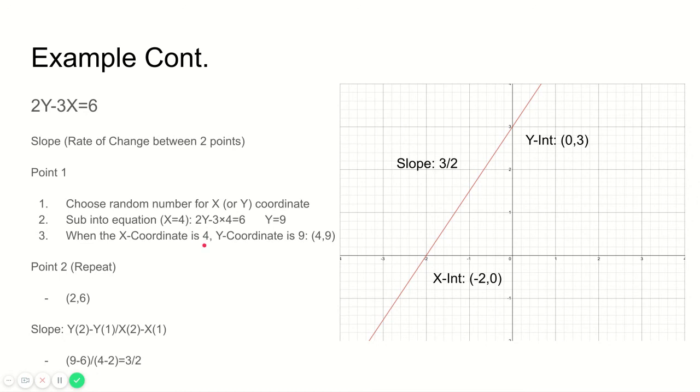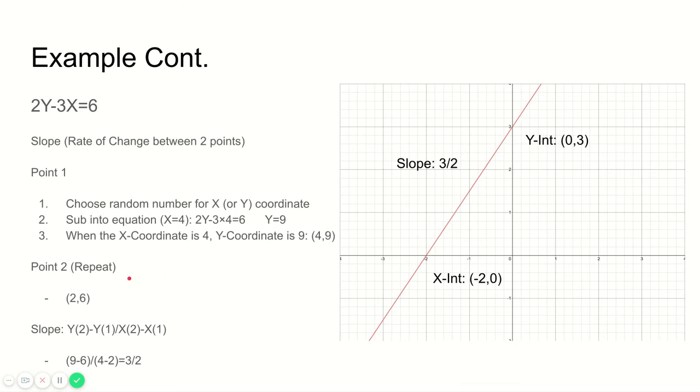And as we use the equation y2 minus y1 over x2 minus x1, we can just use really any set of coordinates as y2 and x2 or y1 and x1.